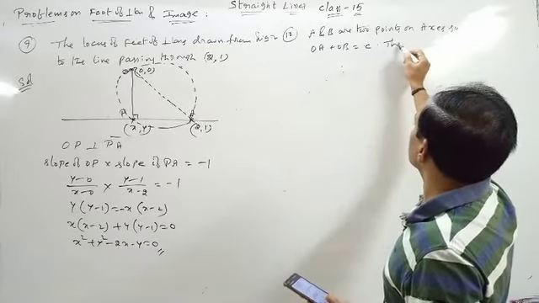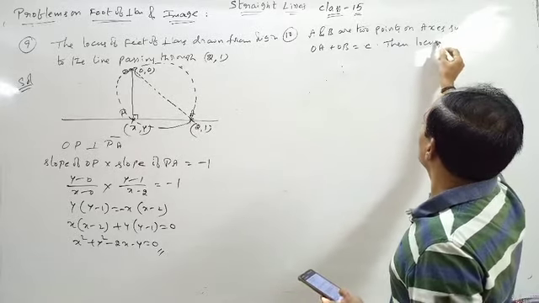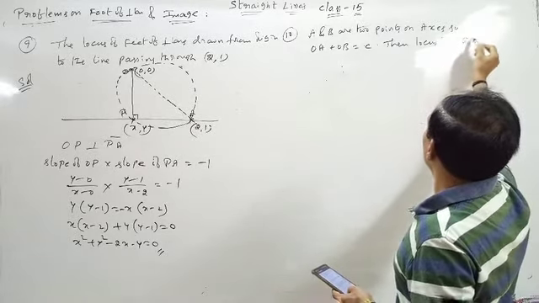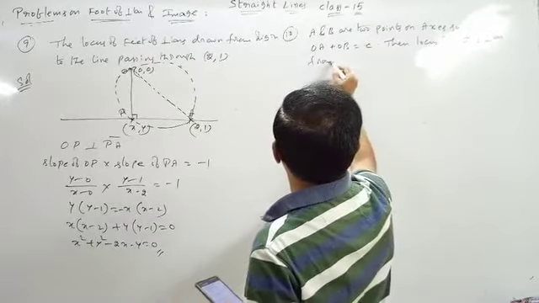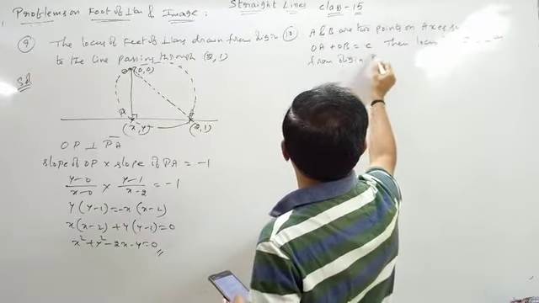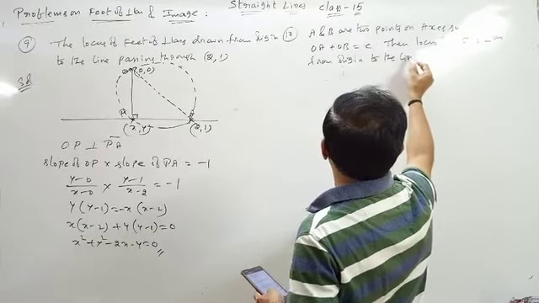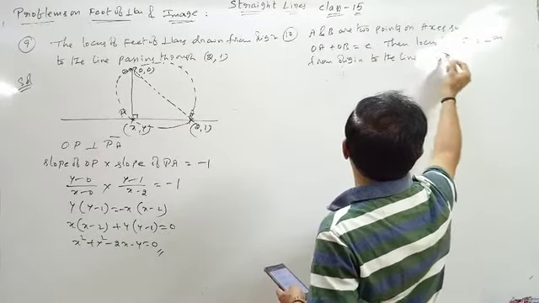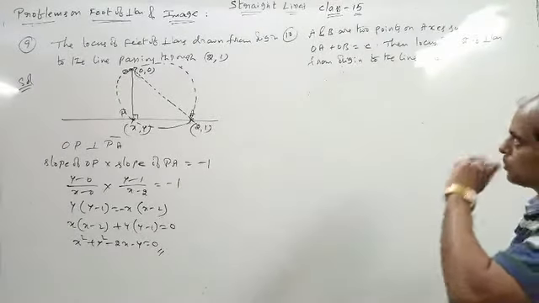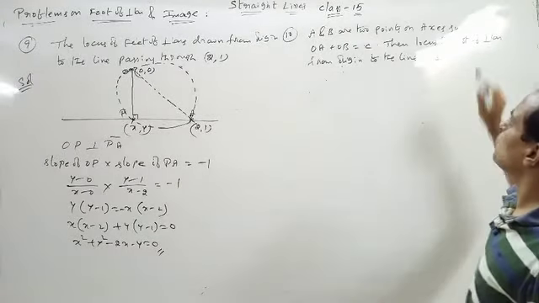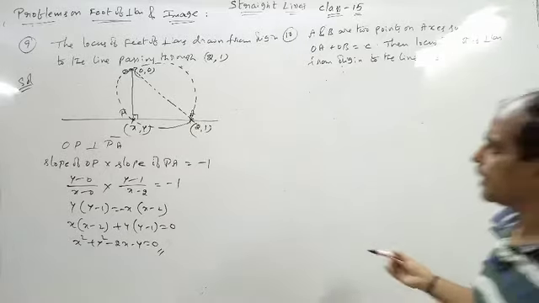Then the locus of foot of perpendicular from origin to the line AB. That is the question. Okay. You see that question? A and B are 2 points on the axes. I will draw the diagram here.